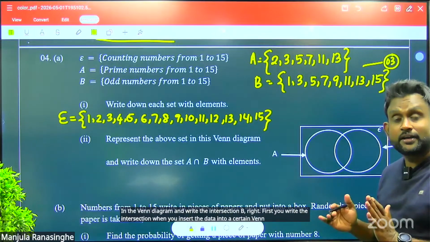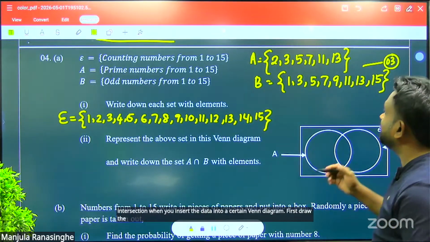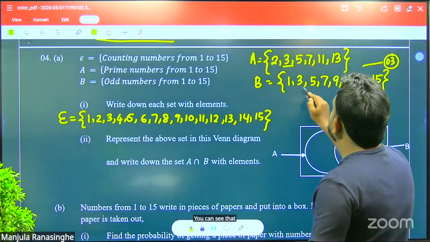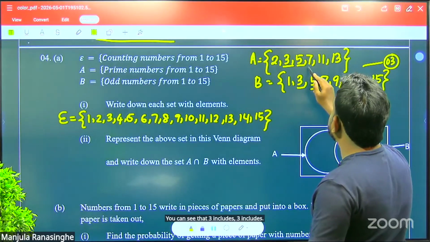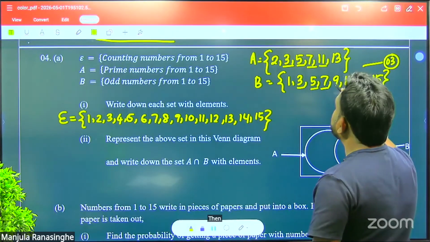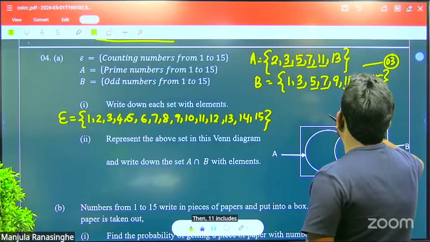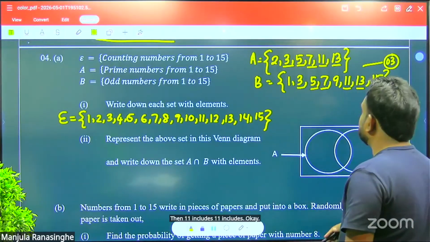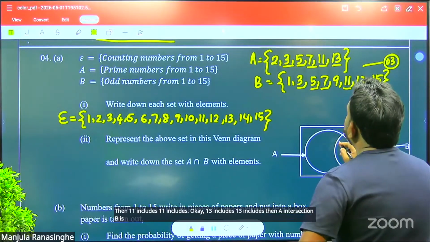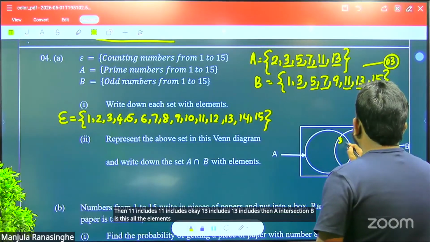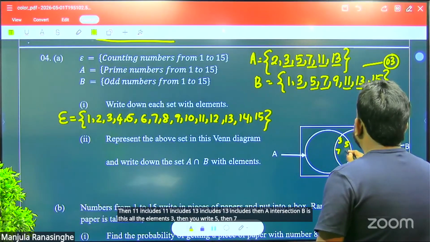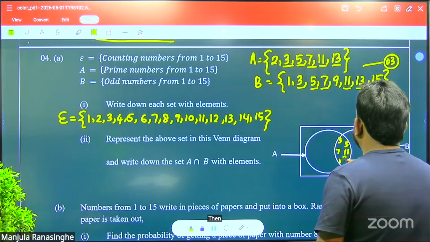First insert the intersection of A and B. You can see that 3 is included in both, 5 in both, 7 in both, 11 in both, 13 in both. Then A intersection B is all these elements: 3, 5, 7, 11, 13.